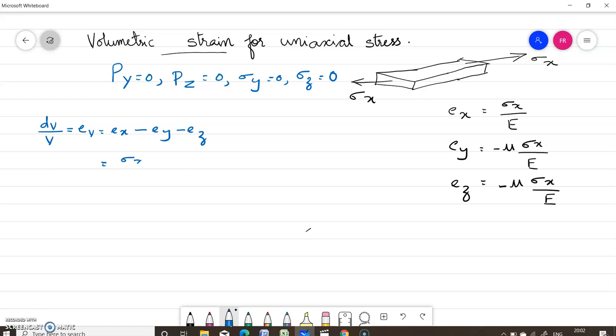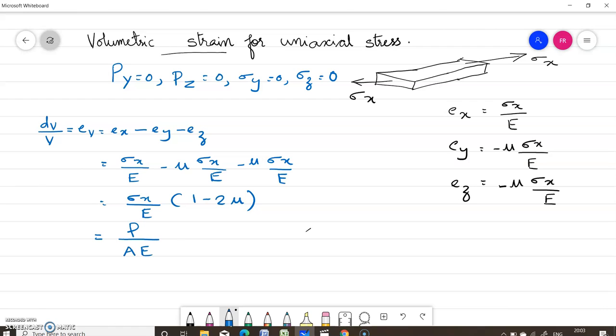Ex is sigma x by capital E minus mu into sigma x by capital E minus mu into sigma x by capital E. So you will get the equation sigma x by E into 1 minus 2 mu. Okay, so volumetric strain is sigma x by E into 1 minus 2 mu. So instead of sigma x, if P is the force in the x direction, you can substitute P by AE into 1 minus 2 mu. Okay.